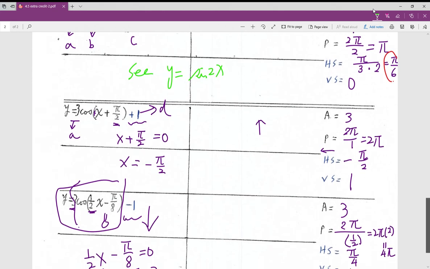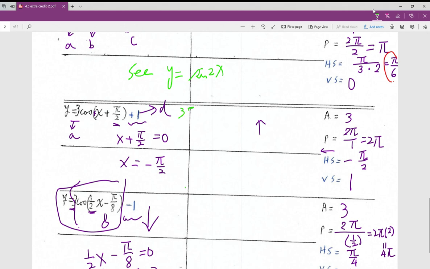Now for the cosine, if you multiply by 3, so we say this is 3 and the negative 3. And the cosine graph should look like that. Okay, you can go back to check. Now, plus pi over 2 means you need to shift everything to the left-hand side. So if we shift everything to the left, negative pi over 2.